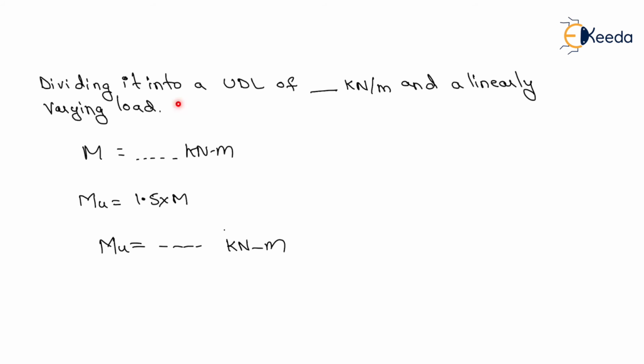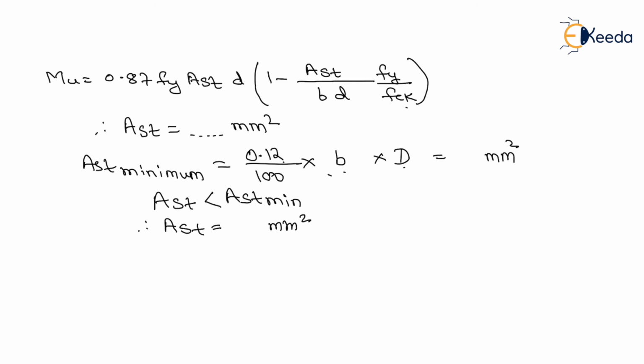Now dividing it into a UDL of dash kilonewton per meter and a linearly varying load M equals dash kilonewton meter, we will multiply M by 1.5, we will get Mu in kilonewton meter. Now we will calculate AST in mm square by using formula Mu equals 0.87 Fy AST into D in bracket 1 minus AST upon BD into Fy upon FCK. By this formula we will get AST in mm square.